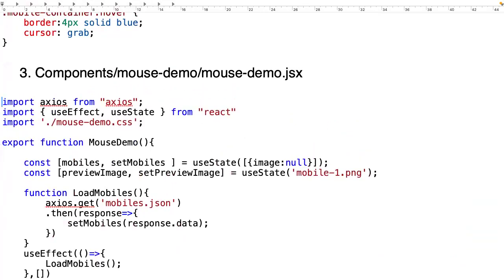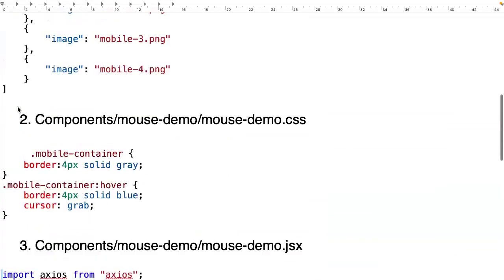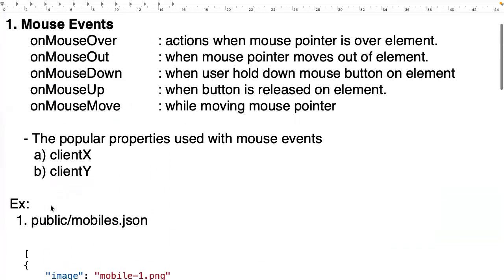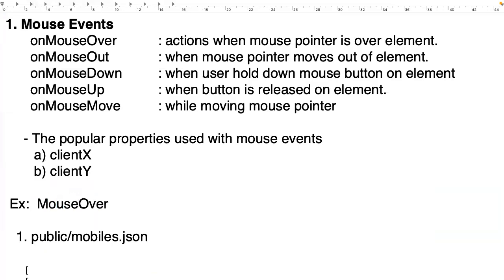This is the complete example that I designed. This is to show the option, what is it? Mouse over. Right. So similarly, you can try mouse out also. Mouse out means when it comes out, a different effect. On over a different effect you can apply, which you can try with mouse down and up now.